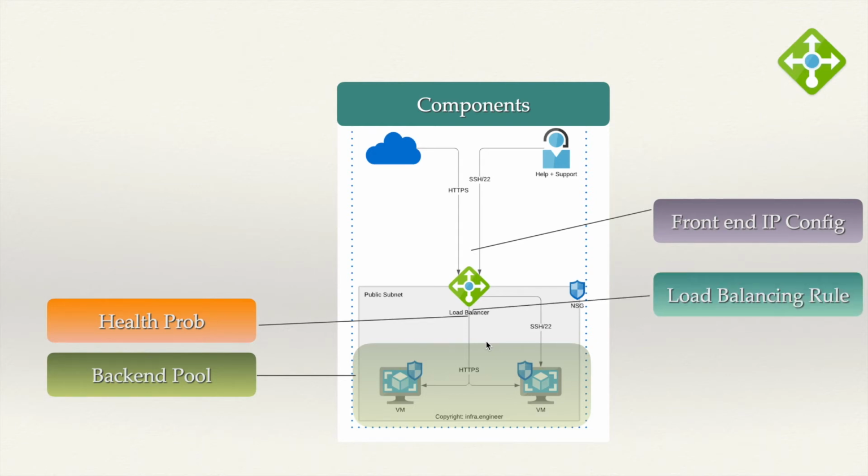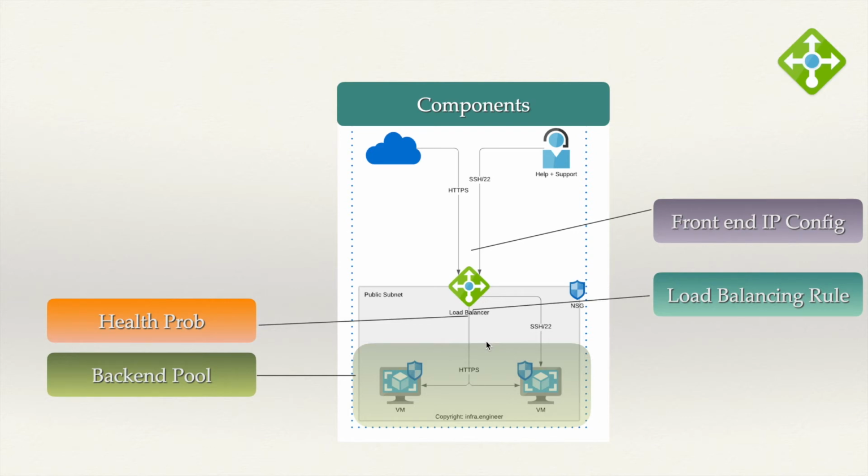Now next is the load balancing rules. The load balancing rule is the configuration in the load balancer service which defines how your load balancer is going to interact with your backend pool, which is the "where" part, right?